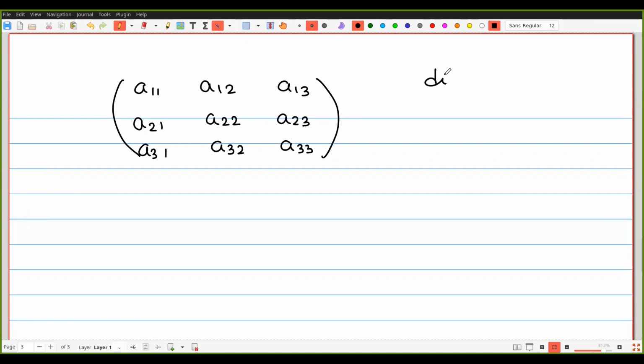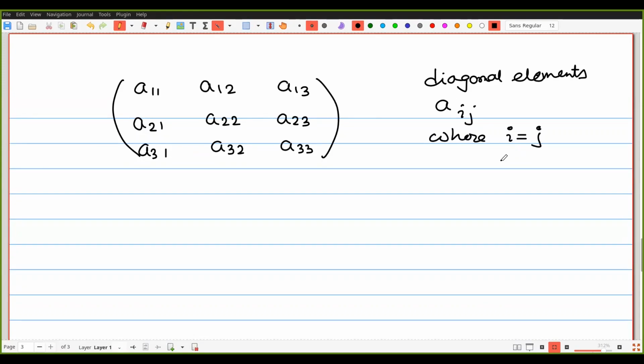Now, diagonal elements means Aij, where i is equal to j. i gives the position of the element in which row, j gives the position of the element in which column.